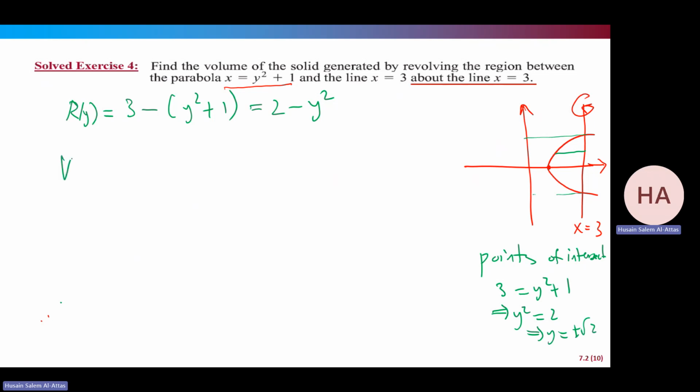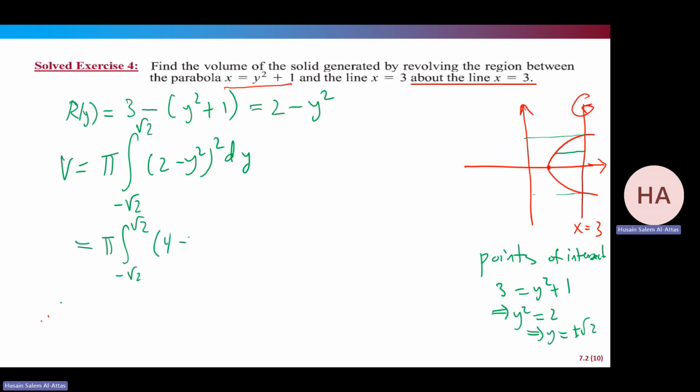So I have my integral. That will be pi integral from minus square root 2 to square root of 2 of this function squared. Okay. So I have what? Pi integral of this, I have 4 minus 4y squared plus y to the power 4 dy.